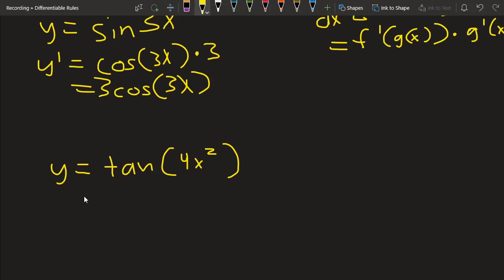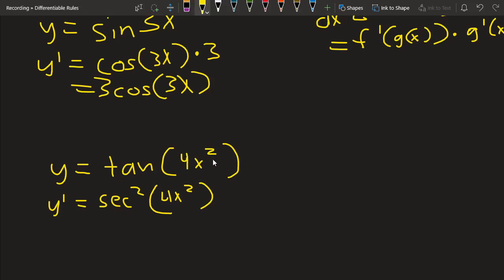So I'm assuming you took a minute or two to figure this out, but if you didn't, here's how you would do it. If we're asked to find the derivative, it would be equal to f prime, so that's secant squared of g of x. g of x in this case is 4x squared, times g prime of x.